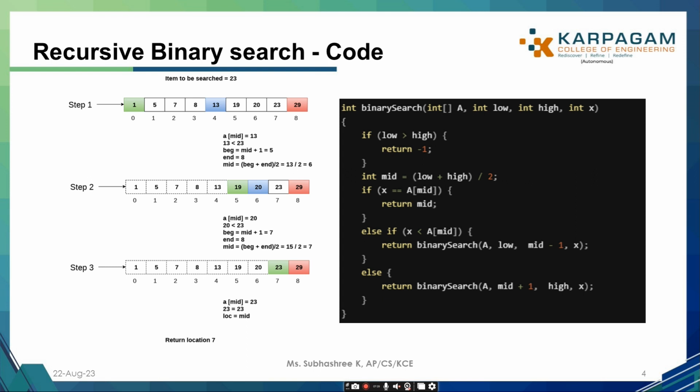Next, the second case will be if the target value is less than the mid indexed value, what you have to do? You have to pass the left half of the array. How do you pass the left half of the array? Low will remain the same and the high will be, first we have calculated mid. The mid indexed value is not equal to target value. So you have to skip that mid and move on to mid -1.